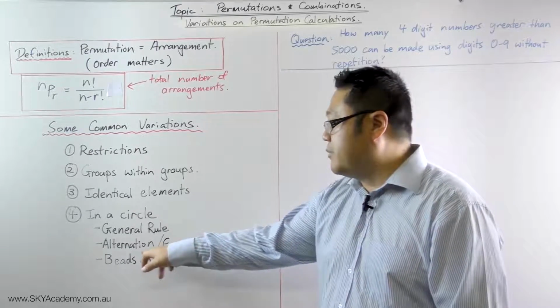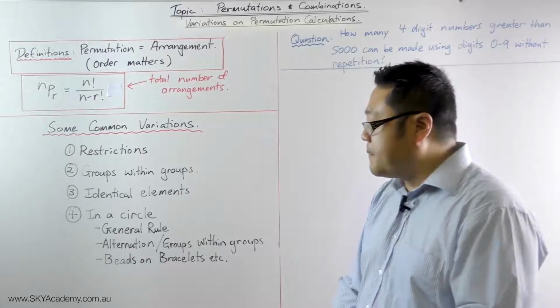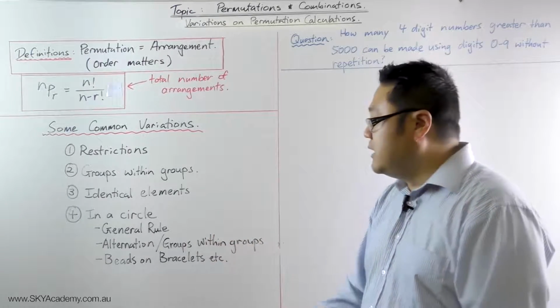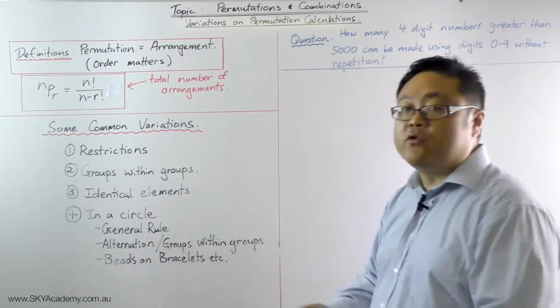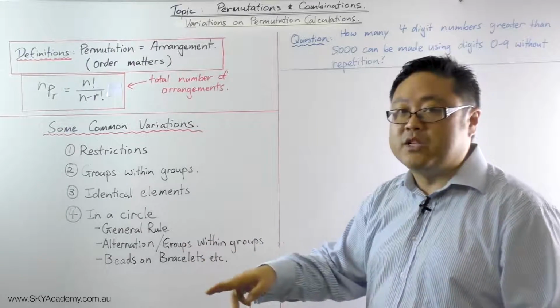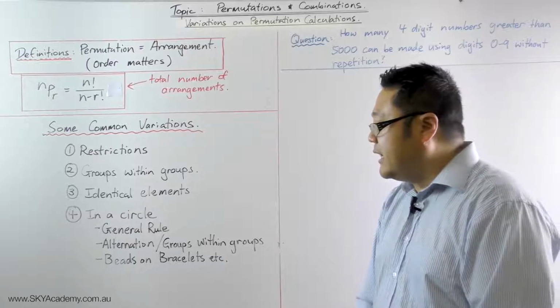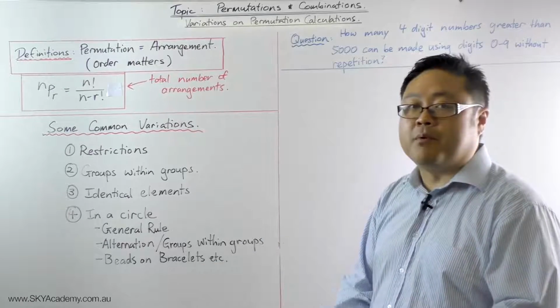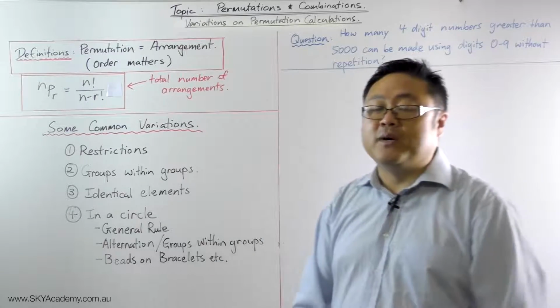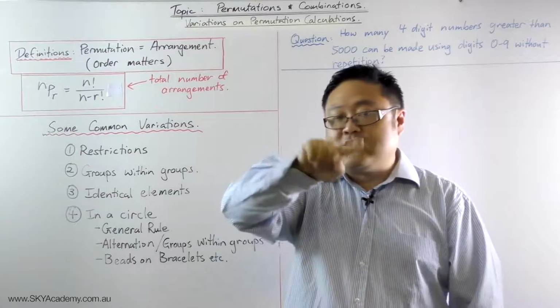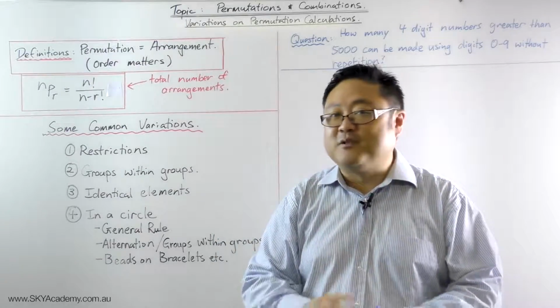So you've got, for example, alternation, where you've got boy, girl, boy, girl. You've got groups within groups where 2 people have to sit next to each other in a circle or whatever. And then you've got another example, which is beads on a bracelet, in which you've got to take into account the fact that the clockwise direction is the same as the anti-clockwise direction and whatnot.